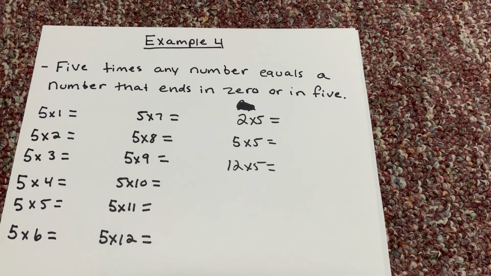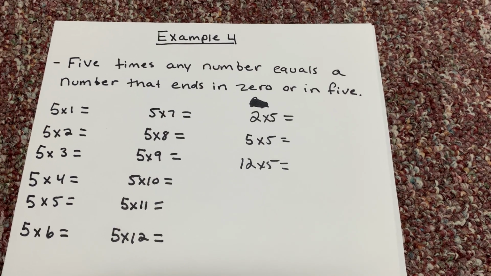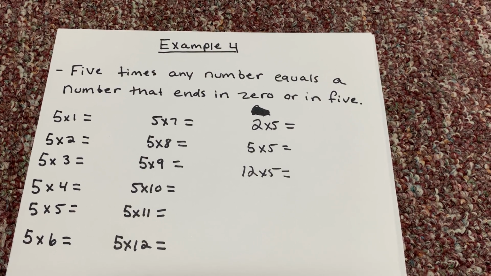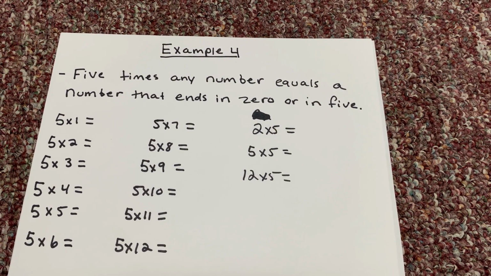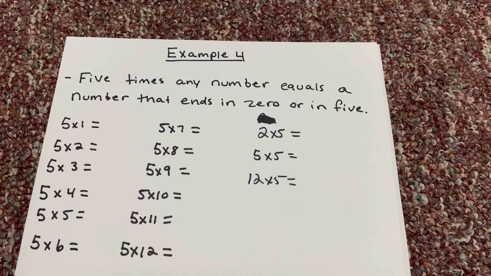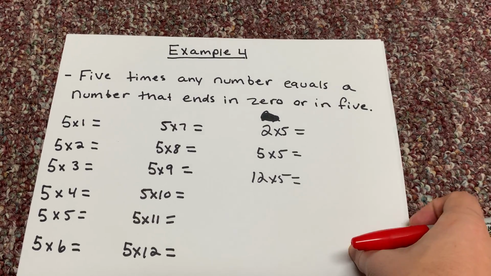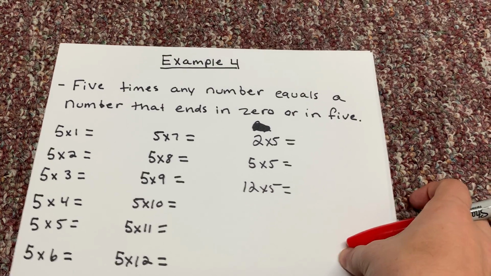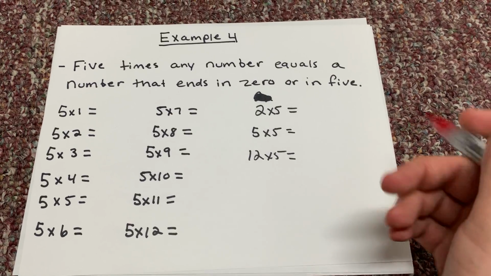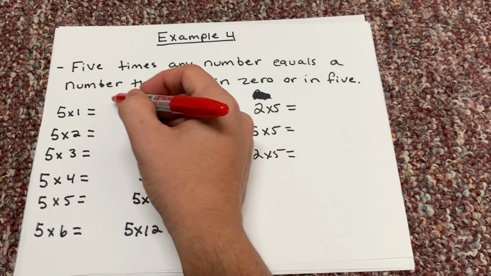Okay, let's look at example 4. We're going to be looking at the number 5. So we have 5 times any number equals a number that ends in a 0 or in 5. Looking at our multiplication facts on the left side, I have 5 times 1, which equals 5.